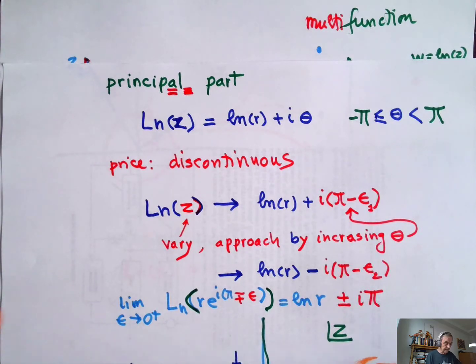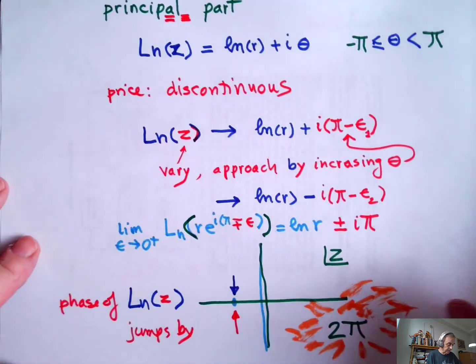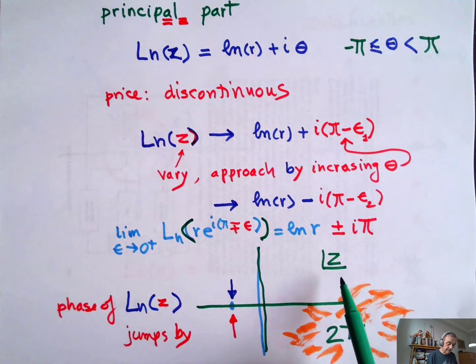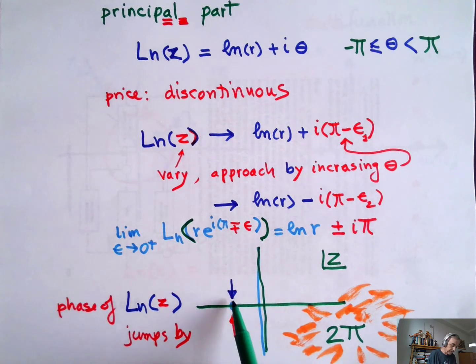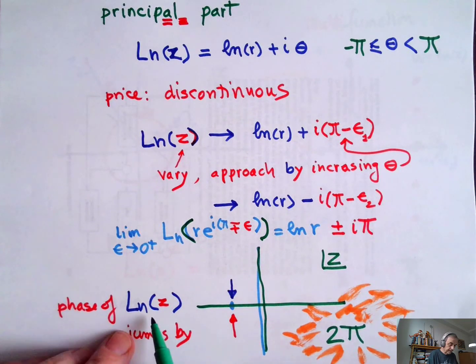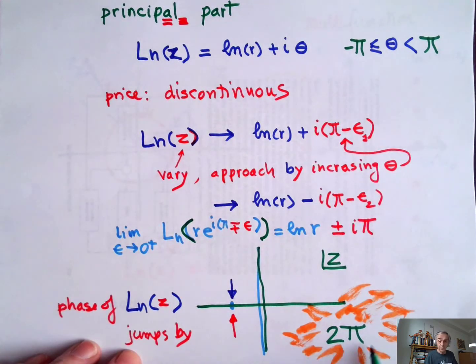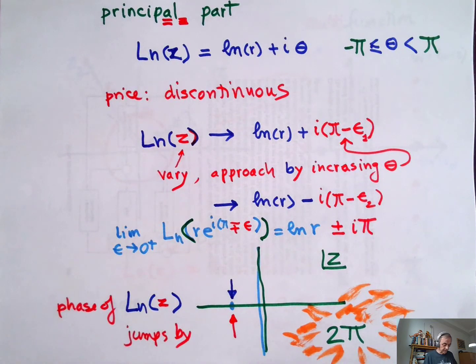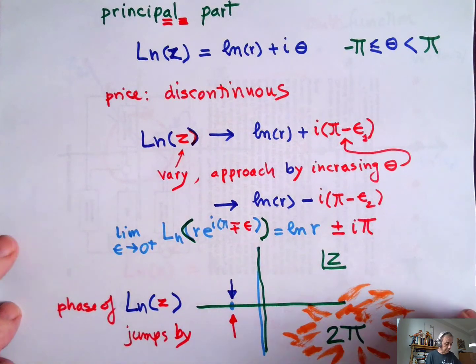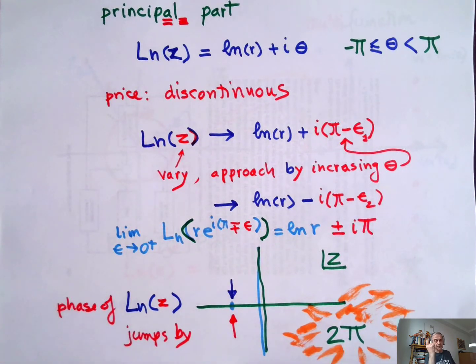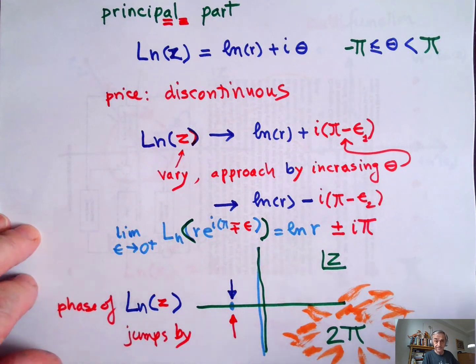So what has happened is that the phase of the principal part, by this definition, if you move in the z-plane as you approach angle plus pi, and you compare it to the angle minus pi, the principal part jumps by 2π. Very inconvenient. What really happens for the logarithm itself is that the phase just spirals and keeps increasing monotonically forever in a continuous way. But the principal part makes it look like it jumps, and you'll run into that often.